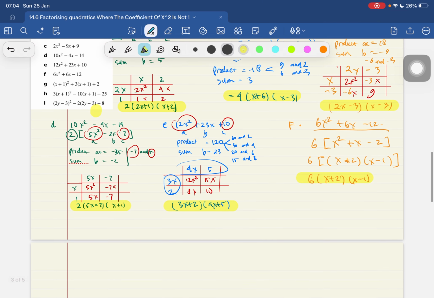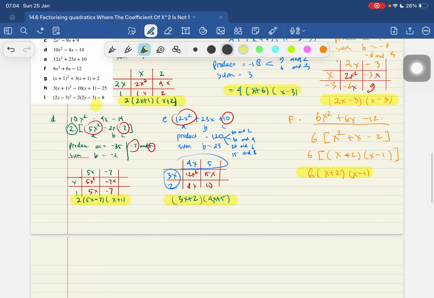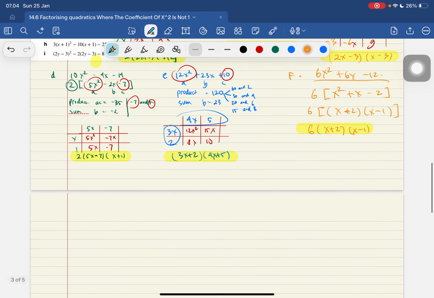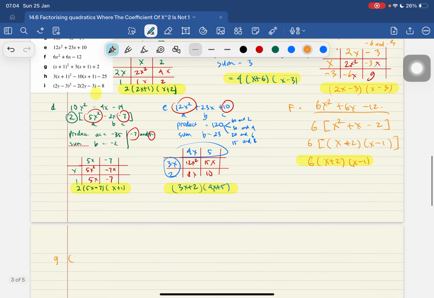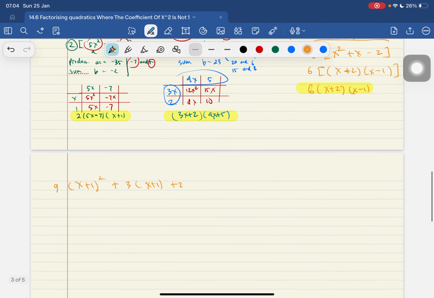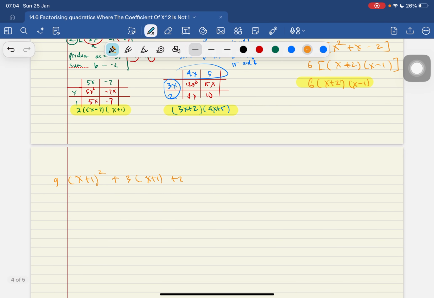Okay, now is G. So the question is, for G, we got x plus 1 squared plus 3 multiplied by x plus 1, and then plus 2. So x plus 1 squared is going to be x squared plus 2x plus 1, plus 3x plus 3, and then plus 2.